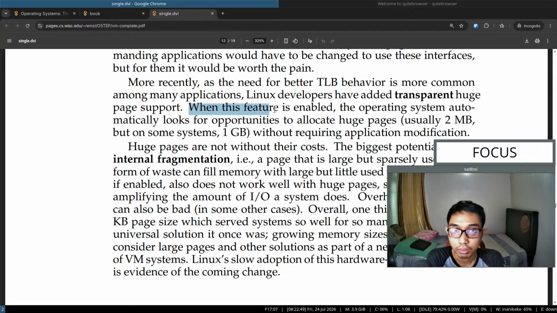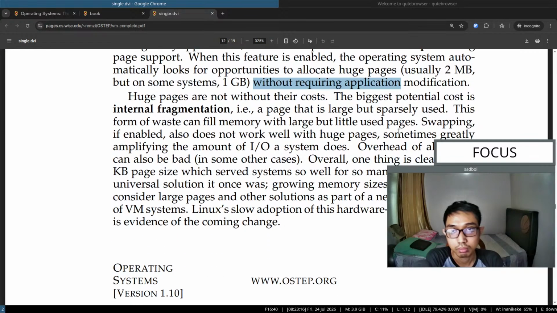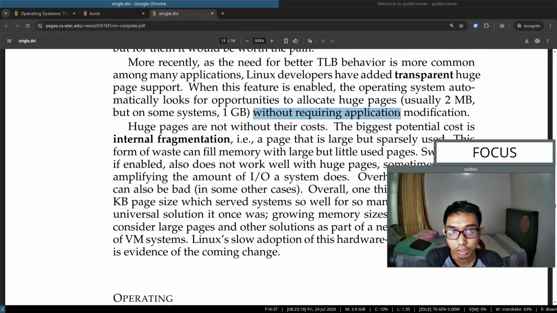Maybe when this feature is enabled, the operating system automatically looks for opportunities to allocate huge pages, usually 2 megabyte, but on some systems 1 gigabyte. That's huge indeed, without requiring application modification. So I assume transparent in here means invisible, I guess.